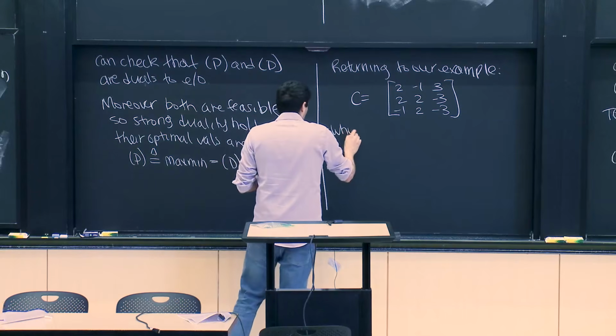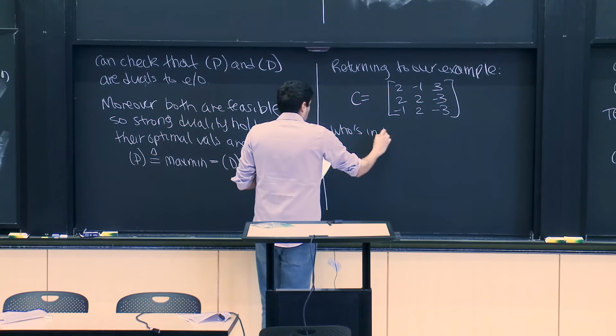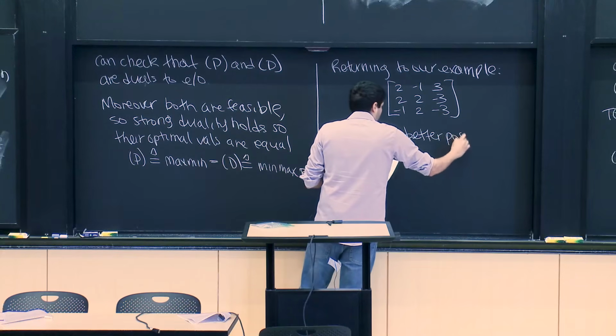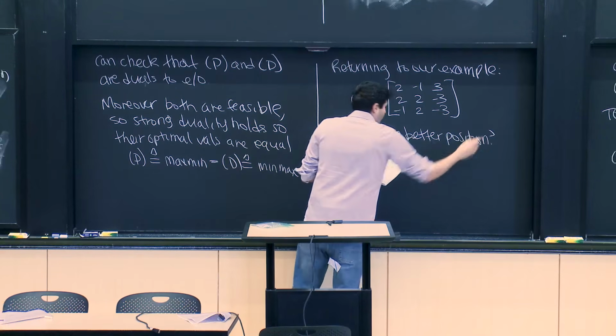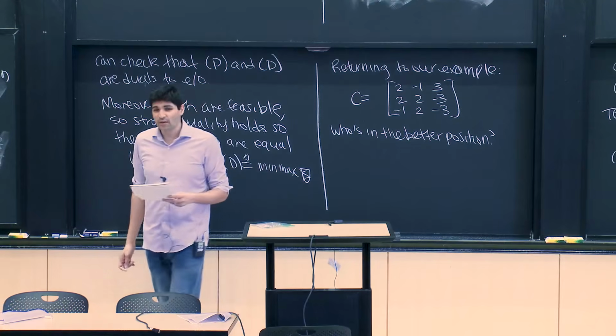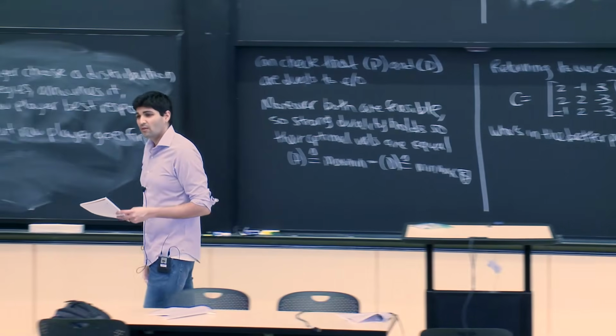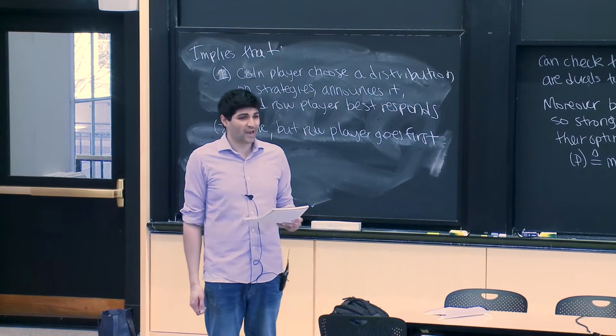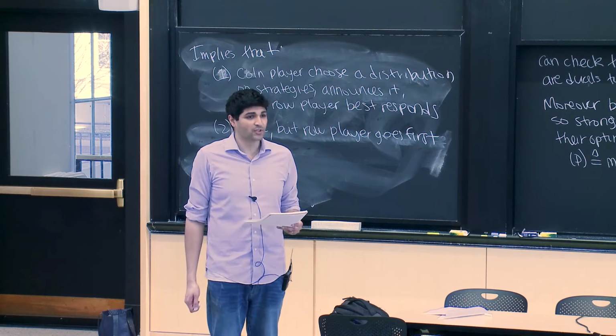So we can ask the same types of questions. Who's in the better position? Maybe you still wouldn't know the answer, but how could I find out who's in the better position? How would we answer this question now that we have all this technology?